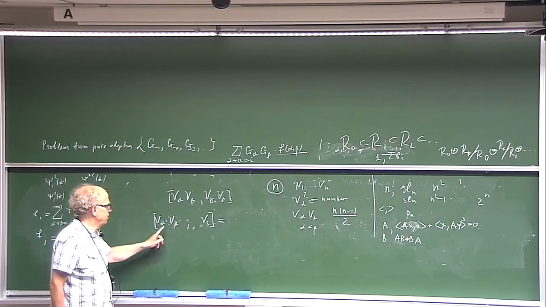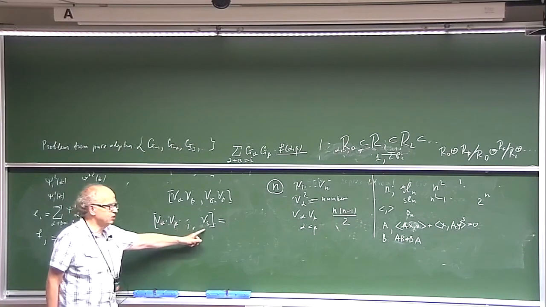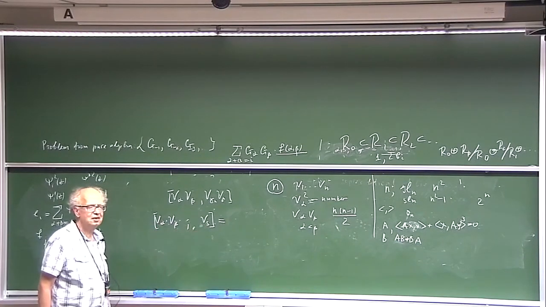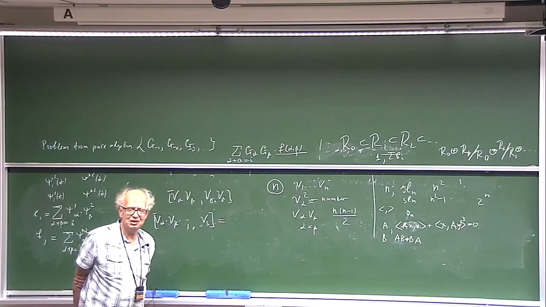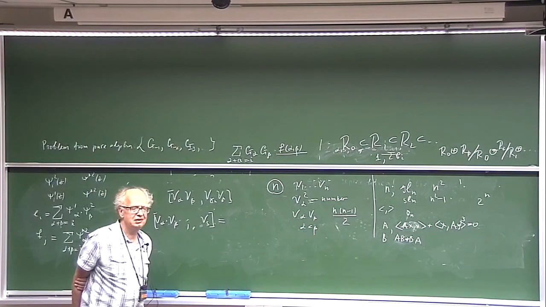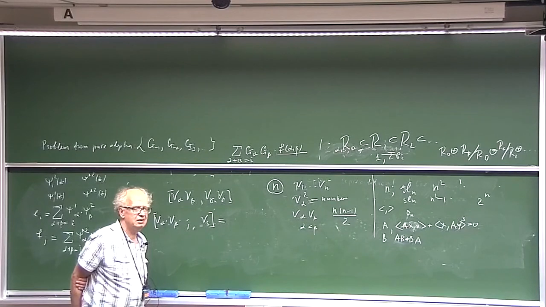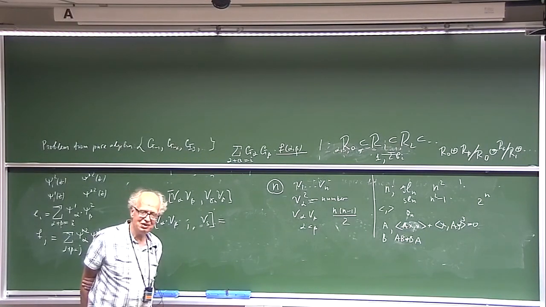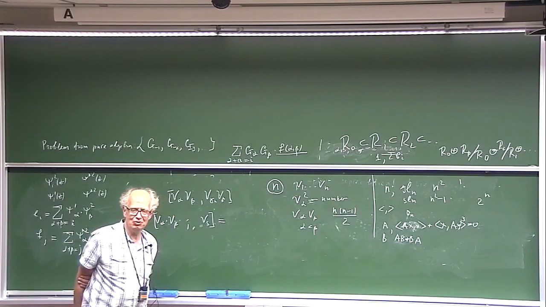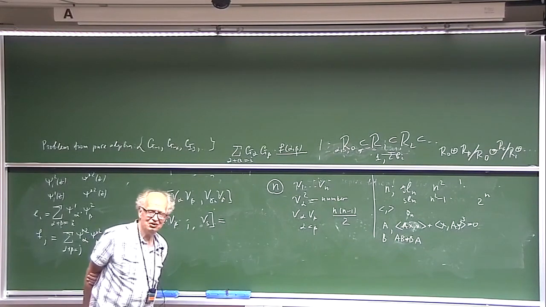We calculate the bracket of a quadratic expression with a linear one. Maybe, can you tell me what this is? More complicated things we discuss later. Now let us go to the simpler one. And so what is this?